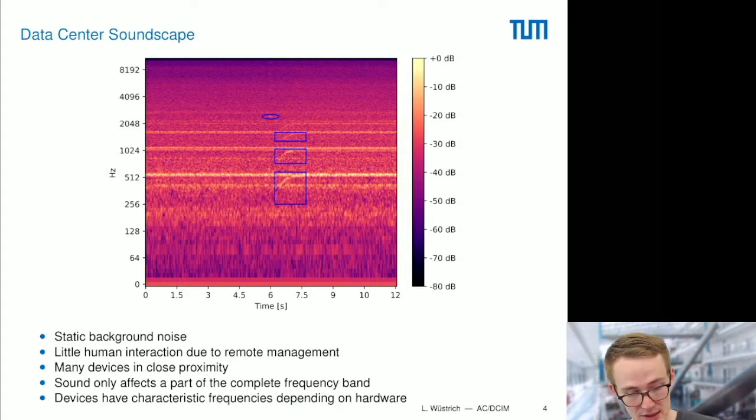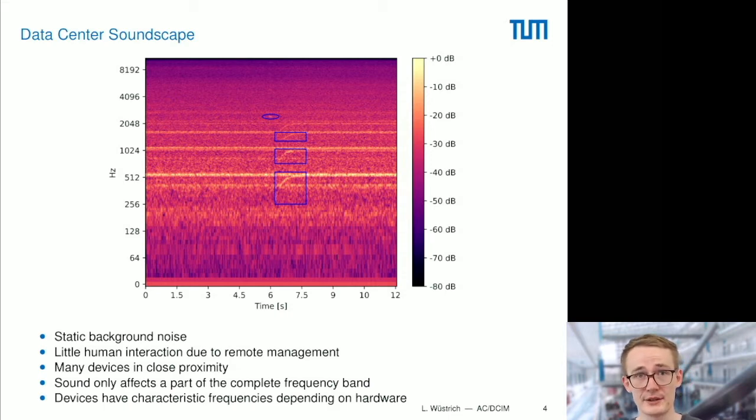So we can see here that there is a beep at the 6-minute 6-second mark, and the fans of the server that spin up afterwards, going into a characteristic frequency which exists because there are already the same devices with a similar fan that are running in the background.